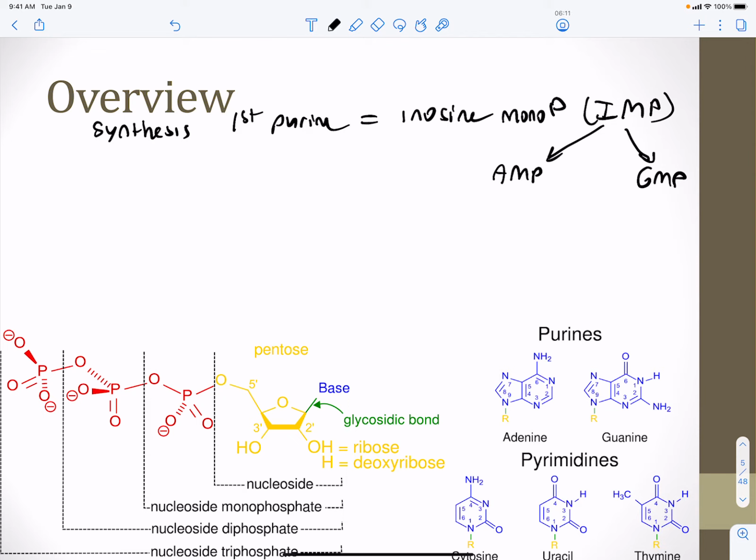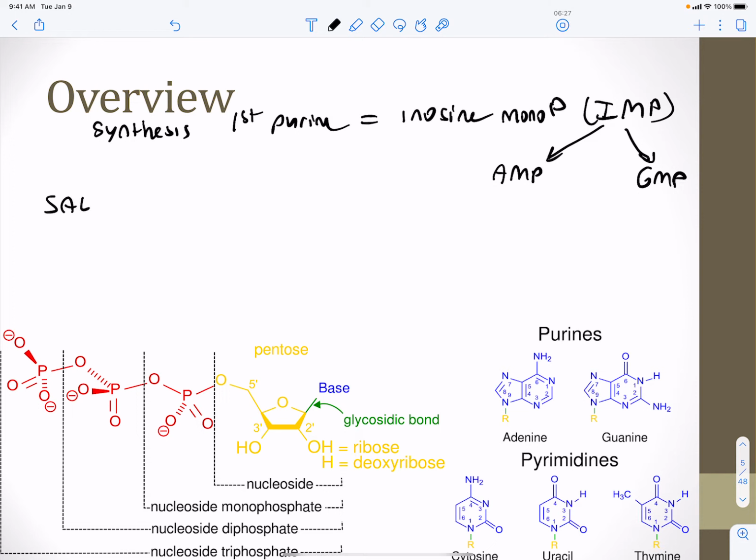The purine nucleotide salvage pathways are going to allow you to take free purine bases and convert them into nucleotides, and then go from nucleotides into nucleosides, and then back to free bases. So this is just an example of a salvage.